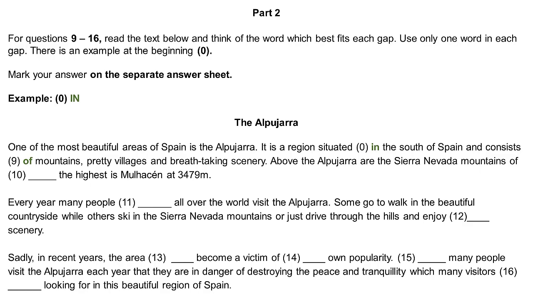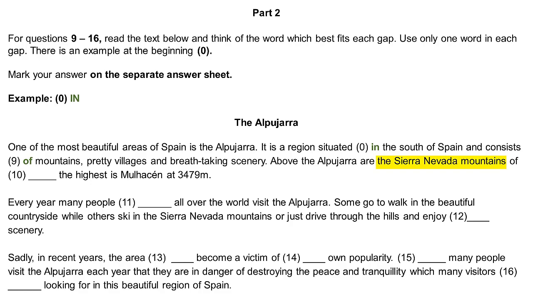Moving on to question 10, it says, above the Alpujarra are the Sierra Nevada mountains. Of the highest is Malhacén at 3,479 meters. We need a pronoun here because it's referring back to the thing just mentioned, the Sierra Nevada mountains.